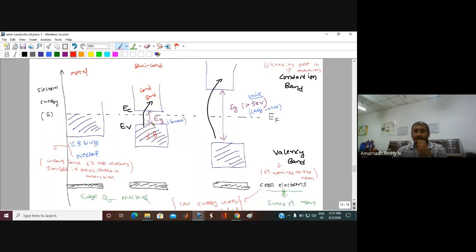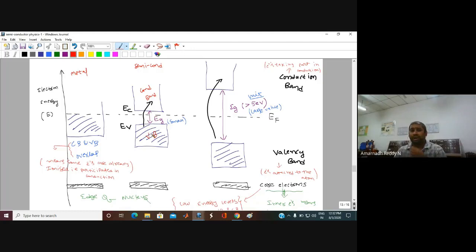You might have studied this in +2 or first year. There is a certain gap called EG, the forbidden gap. You need to apply a certain amount of energy so that carriers are able to move from the valency band to the conduction band.